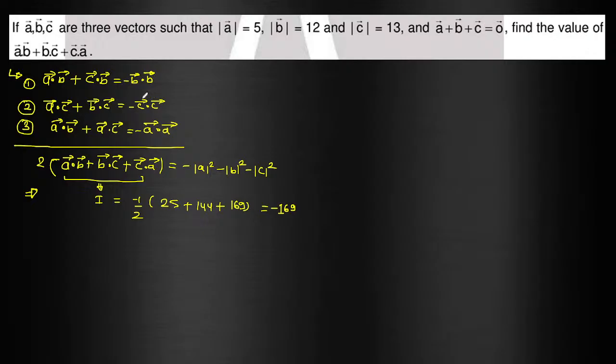We got minus B square, minus C square, minus A square. So here we are getting 2 times (A.B plus B.C plus C.A) equal to minus A square minus B square minus C square. So if we consider this as I, then I is minus 1 by 2 into (25 plus 144 plus 169), minus 169.